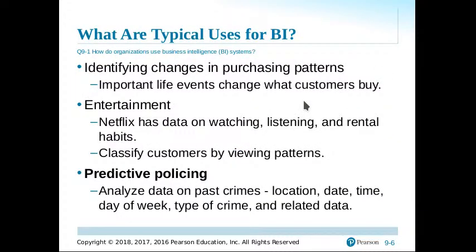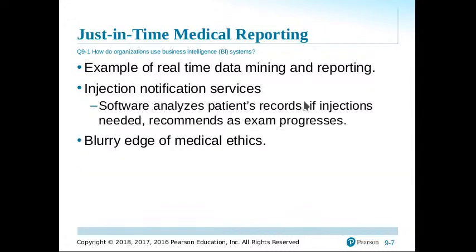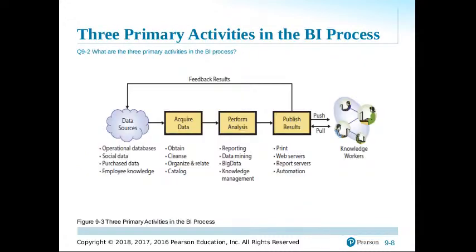Okay, so in BI, we know that it has many components in order to support a process. We call it the BI process. In the BI process, we can see that there are 3 primary activities.